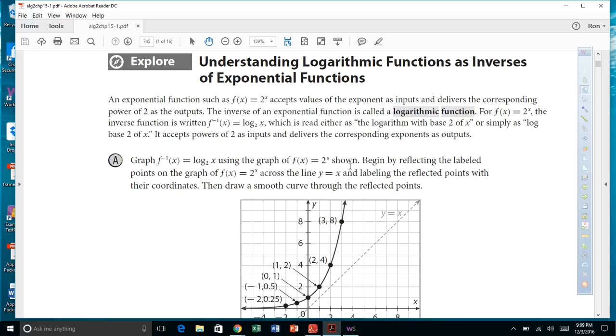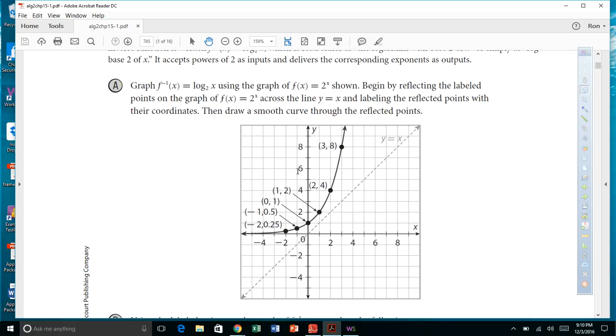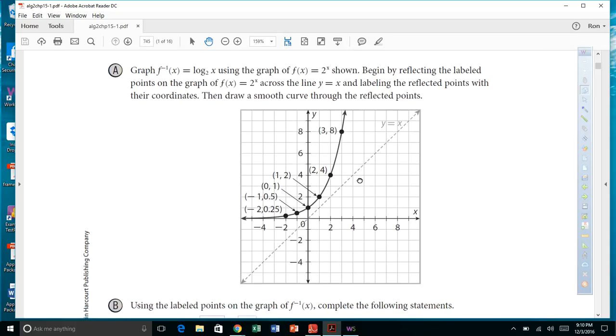For f of x equals 2 to the x power, the inverse function is written f inverse of x equals log base 2 of x, which is read either as the logarithm with base 2 of x or simply as log base 2 of x. It accepts powers of 2 as inputs and delivers the corresponding exponents as outputs.